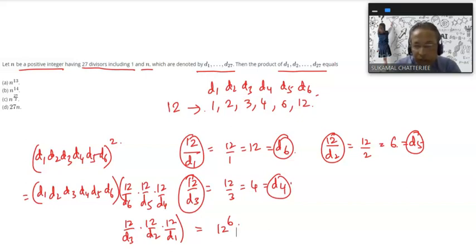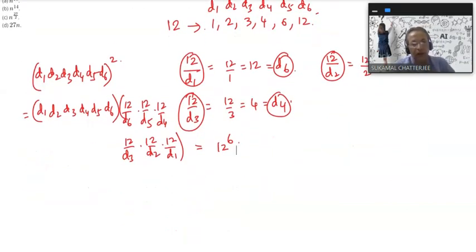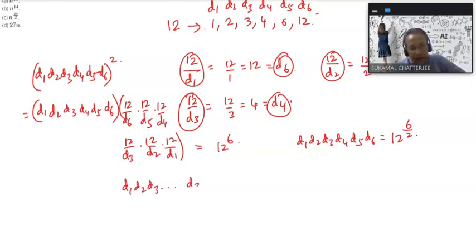So that means the product of d1, d2, d3, d4, d5, d6 will be 12 to the power 6 by 2. So here I have 27 factors and the number is n. So I have d1, d2, d3 up to d27 squared will be equal to n to the power d, right?